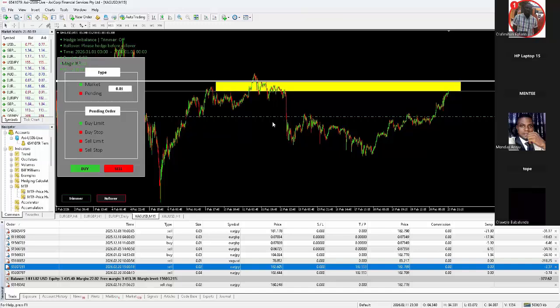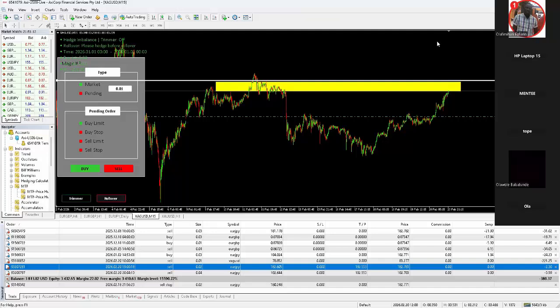I can do 2 things. I can put a pending order of buy stop on top of this zone, in case the market comes to hit it and pull it out. That's my first option. My second option is I will put a sell into this zone. Somewhere here, I want to sell.